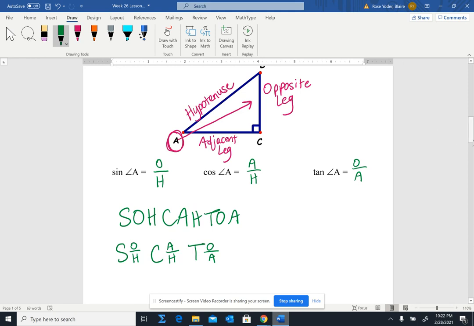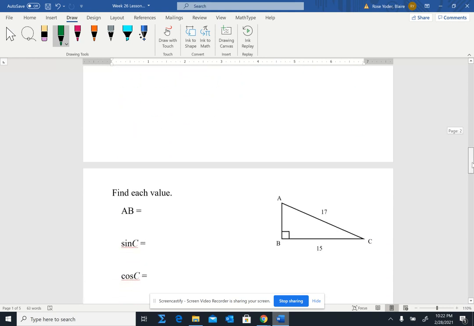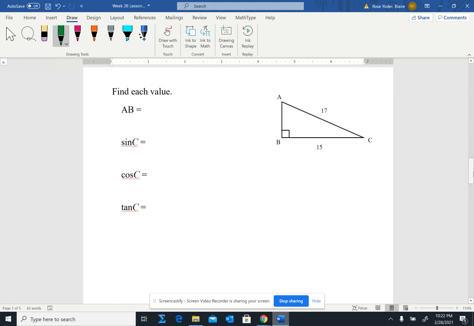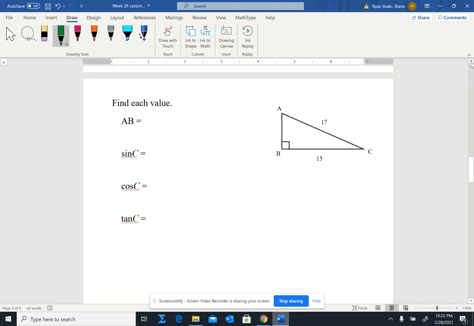So let's see what this actually looks like in problems where there are numbers. So definitely write down this example. On the top of your paper, the first thing you should do is just write down the SOHCAHTOA thing. Some old hippie caught another hippie tripping over apples. All right, we need to know all three sides of the triangle. Right now we're missing one, so we can do Pythagorean theorem to find it.